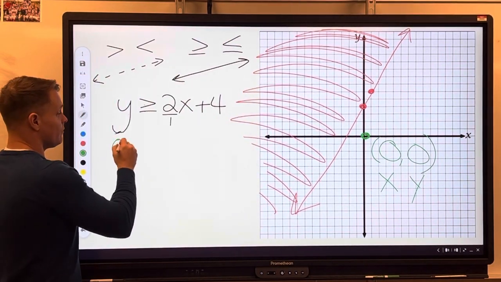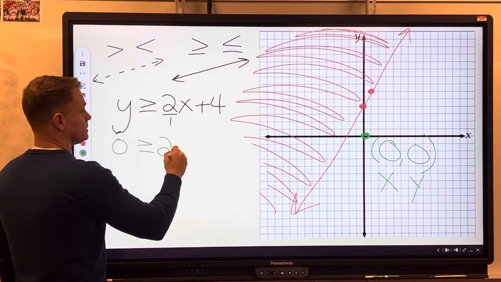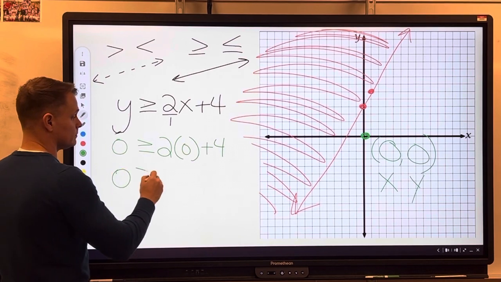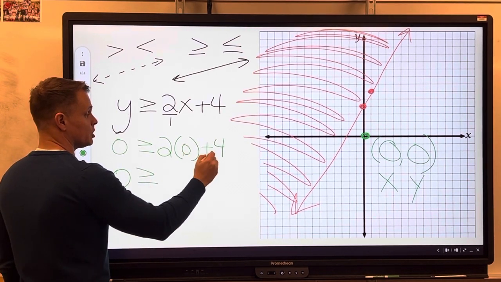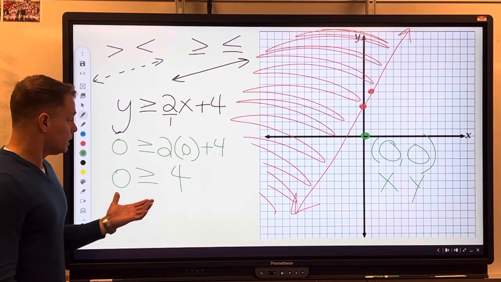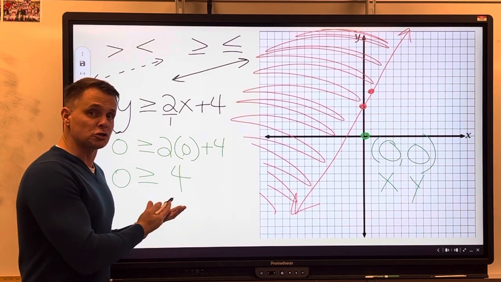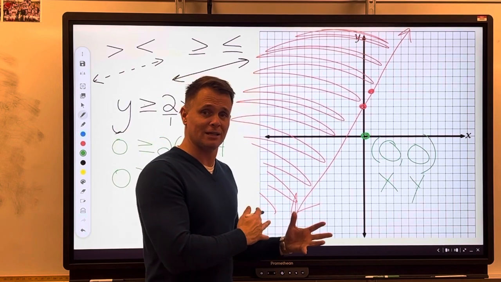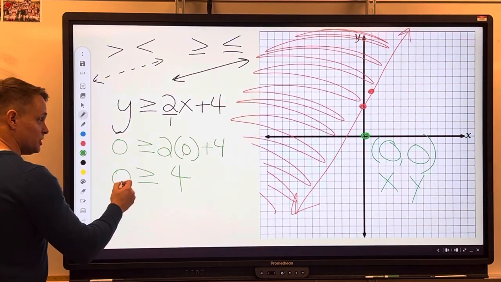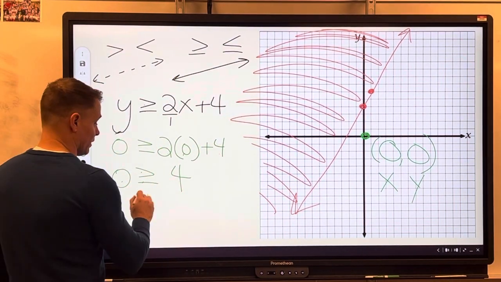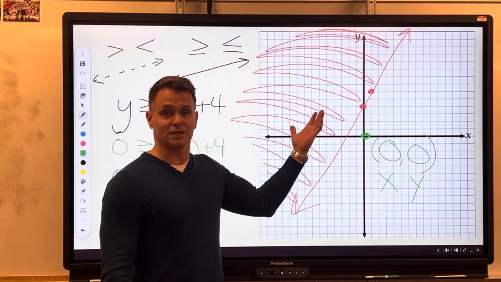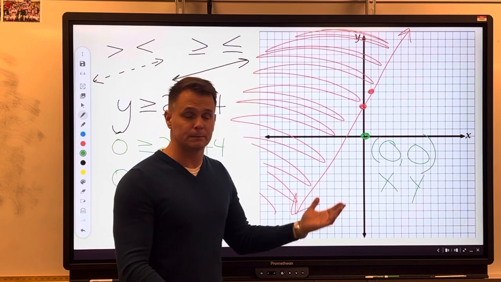If you put 0 in for y, and then you put 0 in for x, and you simplify, 2 times 0 is 0, 0 plus 4 is 4. If the answer is true, then you would shade that side. If the answer is false, then you'd shade the opposite side. So 0 is not greater than 4. That's false. Therefore, I would have shaded the other side, which I already did.